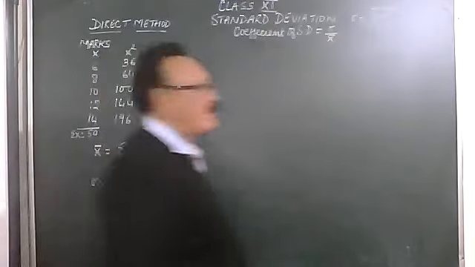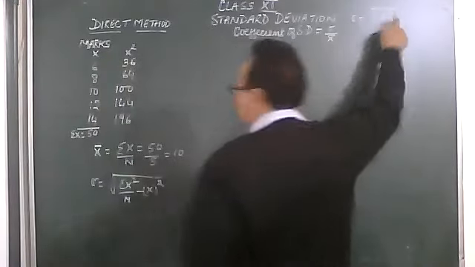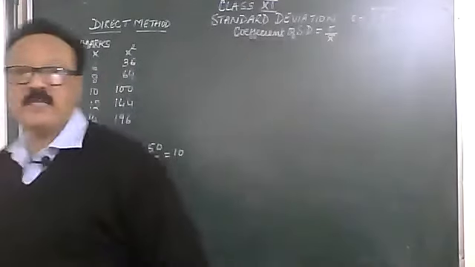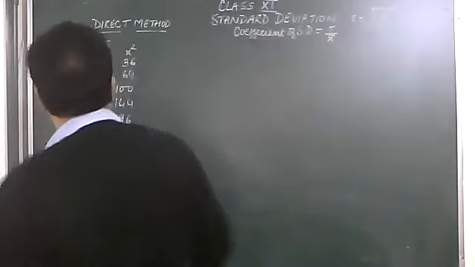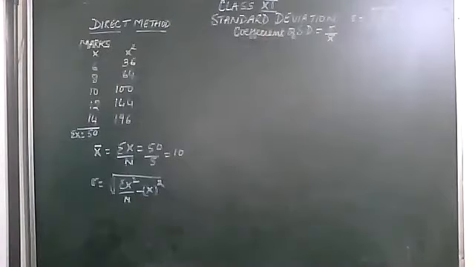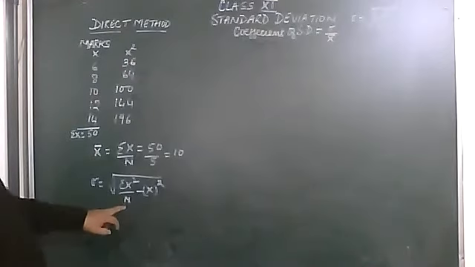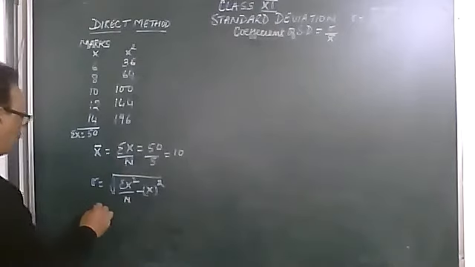In the actual mean method, standard deviation is equal to sigma x squared upon n. That's what we did yesterday. Today, since we are doing the direct method, sigma x squared upon n is there. What is added on? The square of mean. Let us substitute the values.